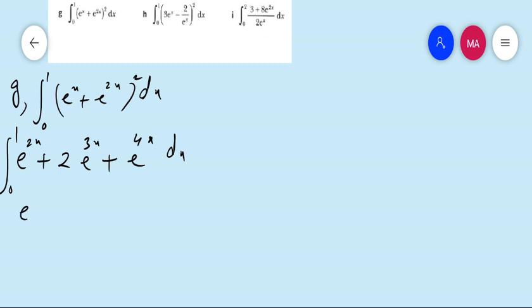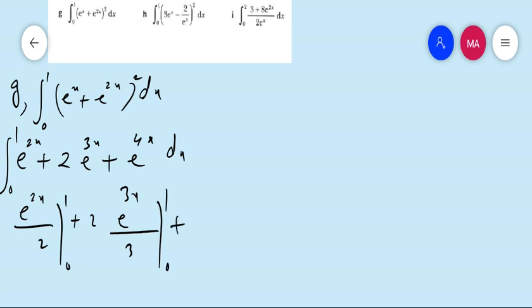Now e^(2x) integration is e^(2x) upon 2, limit 0 to 1, plus 2, e^(3x) integration is e^(3x) upon 3, limit 0 to 1, plus e^(4x) upon 4, limit 0 to 1.